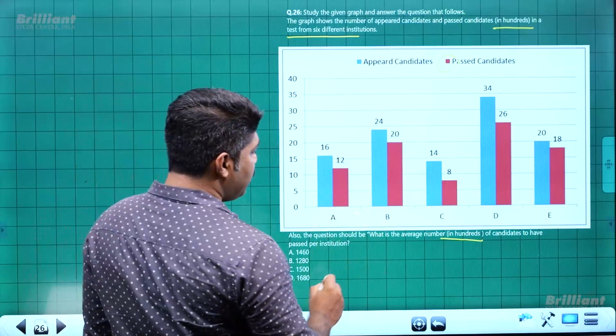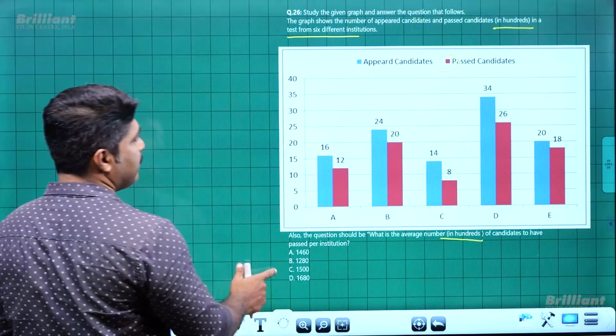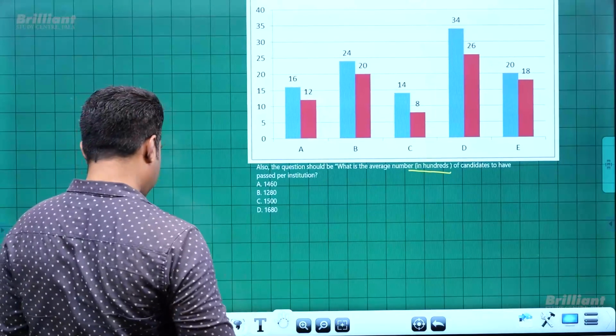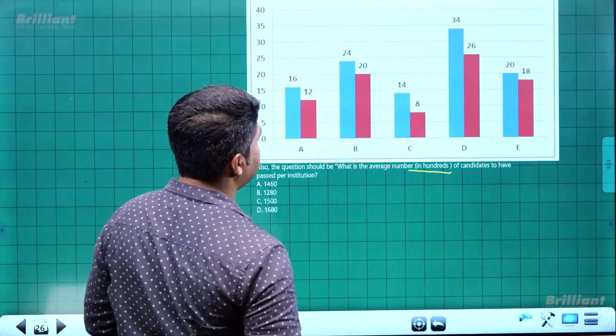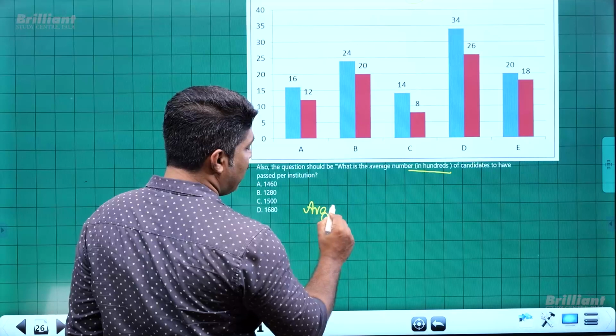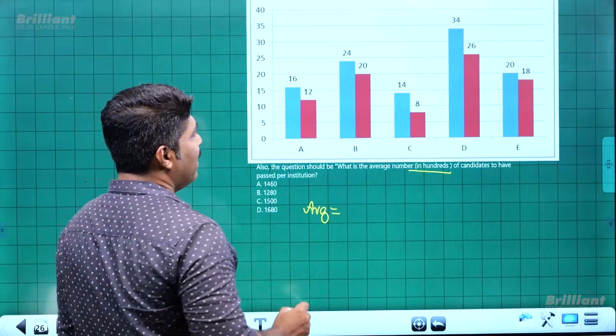So if you need to find the average in such a situation, how do we do the operation? Average, we know, is sum divided by the number of observations. Here, what is the sum?